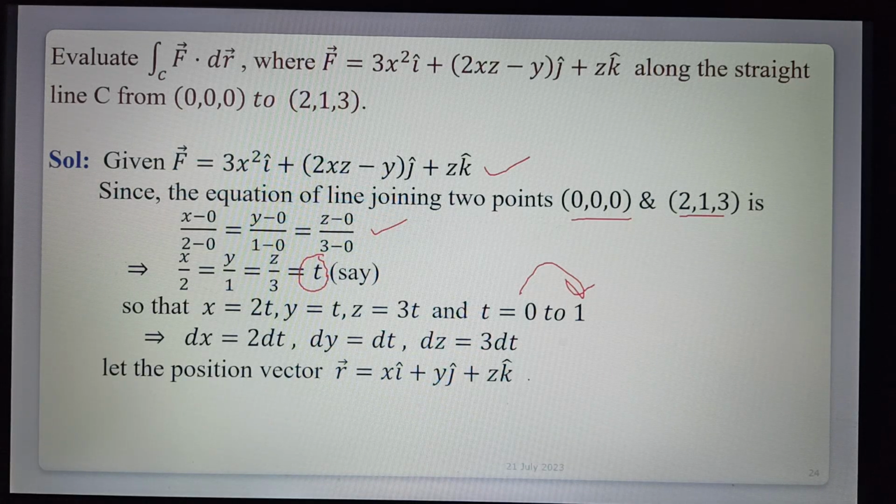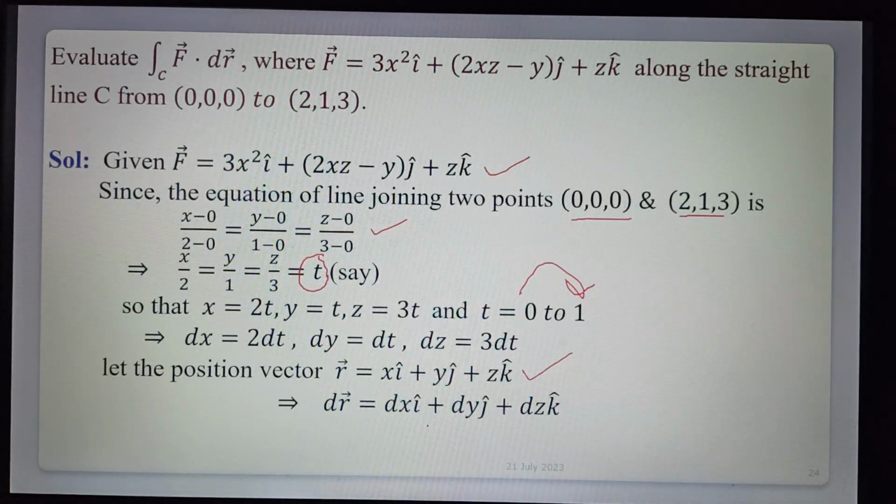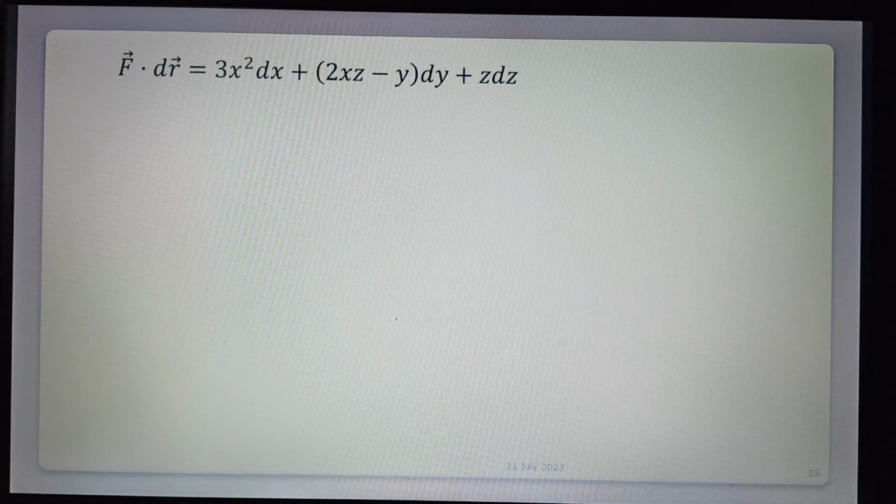So let the position vector r bar be equal to xi plus yj plus zk, dr bar is equal to dx i plus dy j plus dz k. Therefore, F bar dot dr bar is equal to 3x square dx plus (2xz minus y) dy plus z dz.